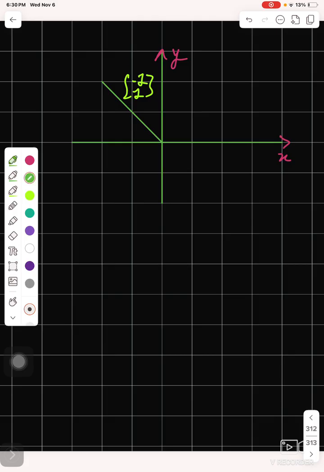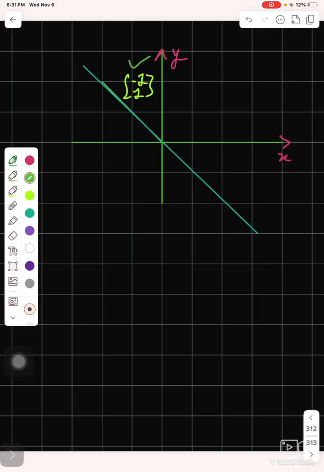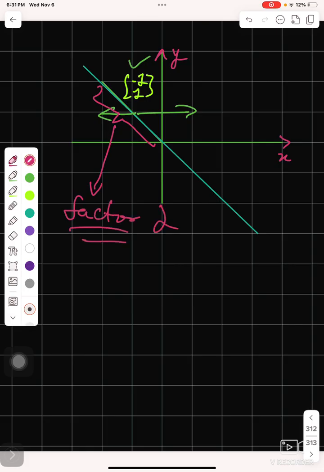Even though you stretch the graph, this line of span won't change its position. It will stay the same no matter how you stretch it, and the scaling factor is 2. Every time you get an increase of 2.